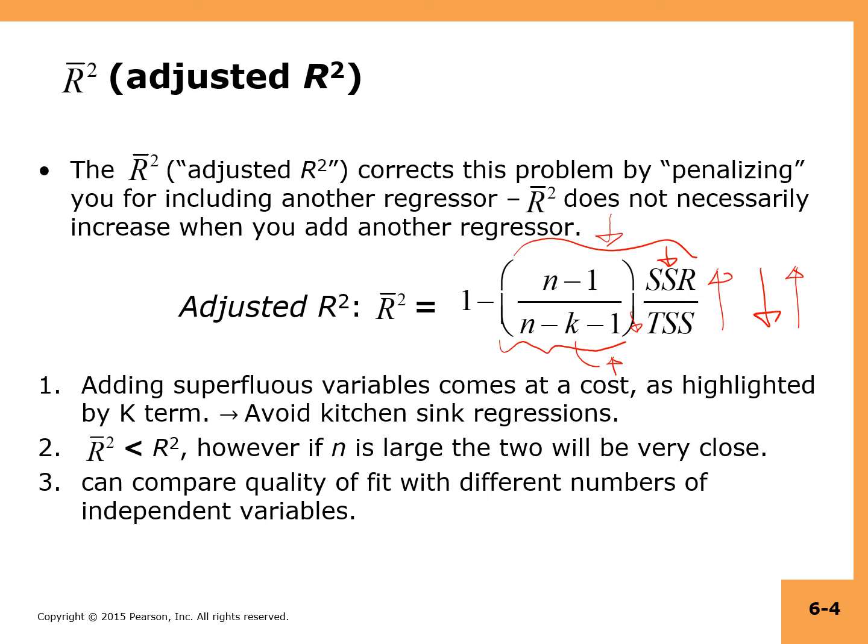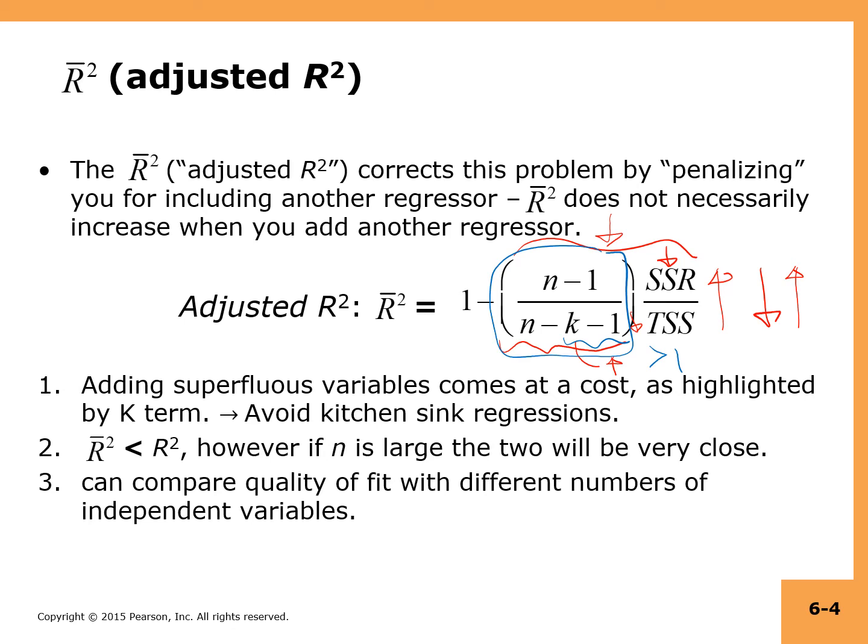When you look at the adjusted R-square formula, you notice that n minus 1 over n minus k minus 1 is always greater than 1, because you're subtracting more from n in the denominator. So the numerator is always going to be larger than the denominator, and this whole term is always going to be larger than 1.